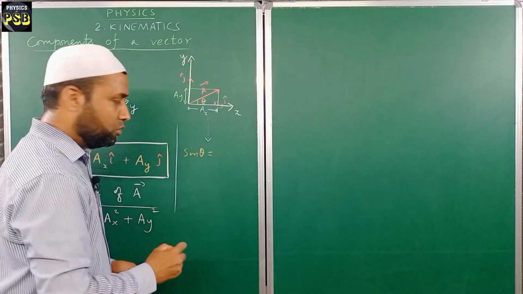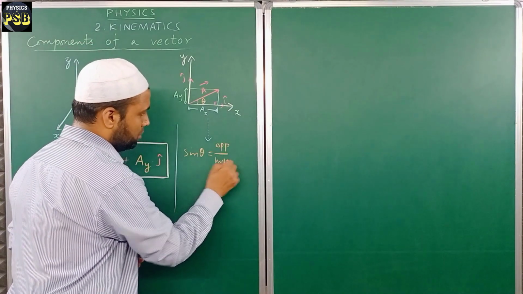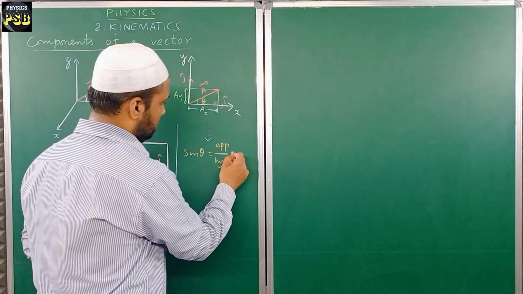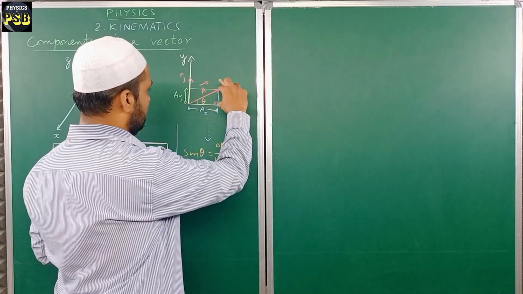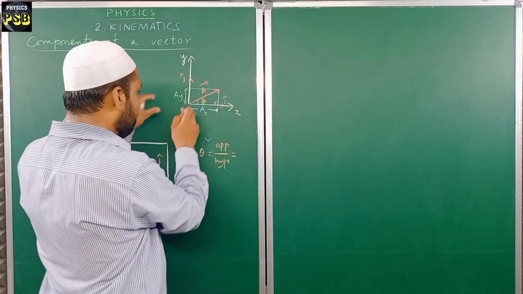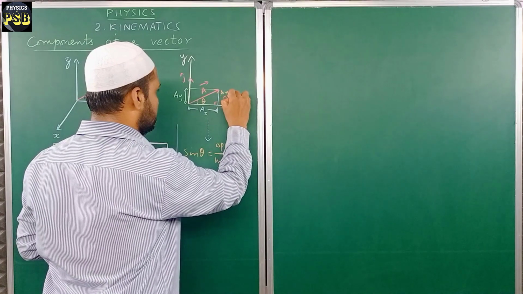What will I get if I do so? Sin theta is nothing but opposite side divided by hypotenuse. Here the opposite side is AY. If the value of this part is AY, then the part parallel to it will also possess the same value.